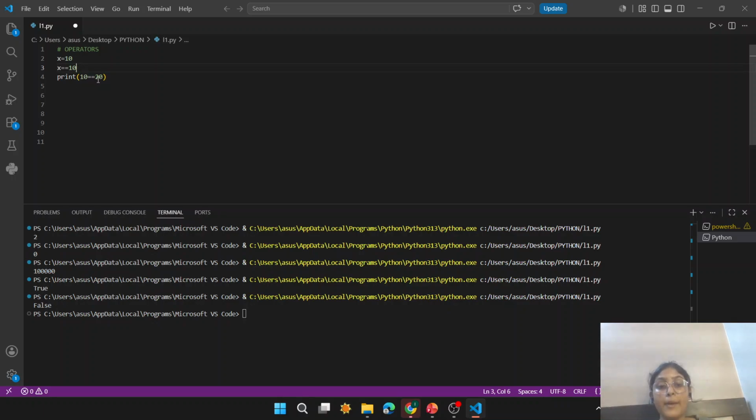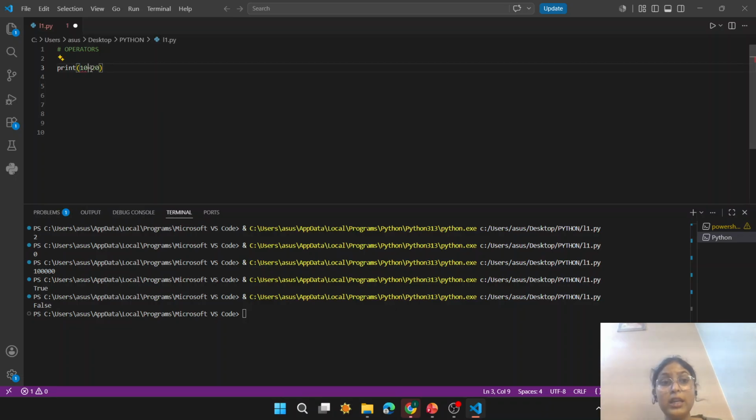So this is a comparison operator. Never confuse between these two. This is an assignment operator, but this is a comparison operator, checking if both the values we have given are equal or not. The answer will either be true or false.